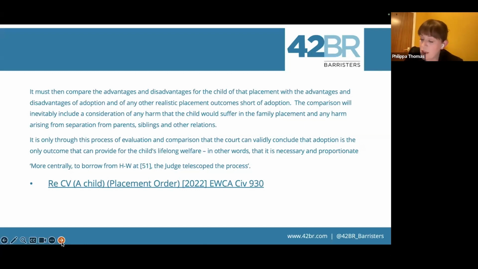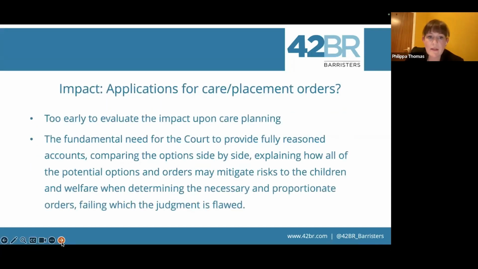And so in that case, it was also agreed that the court needed to look at those other options. So the impact, essentially, of this on care and placement orders, it's too early to evaluate the impact upon the care planning, or is it? This case has now been around for over a year.